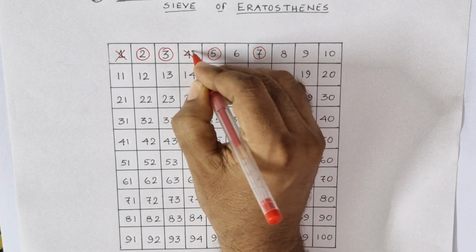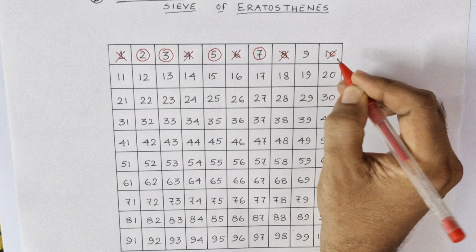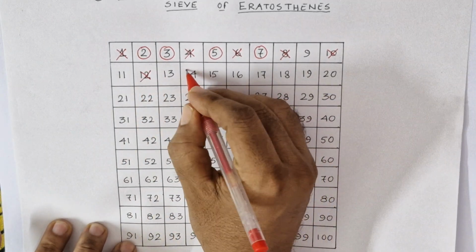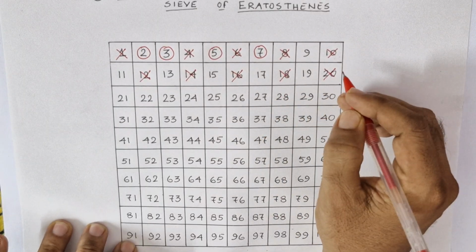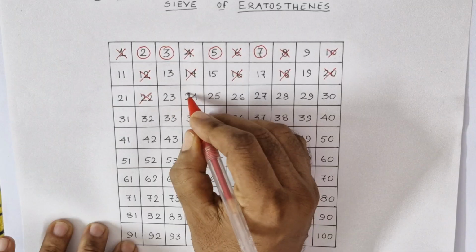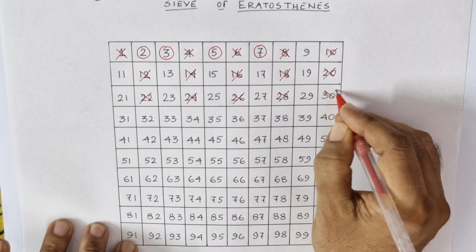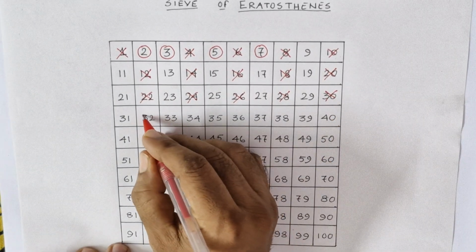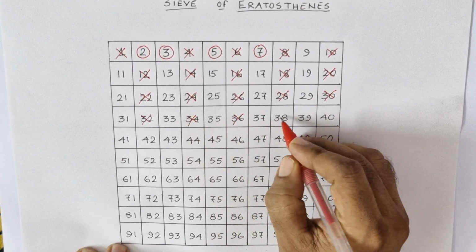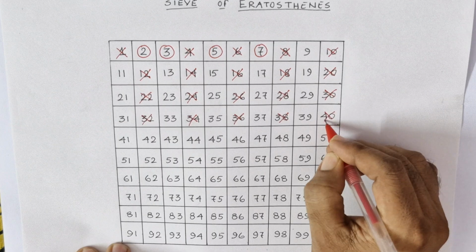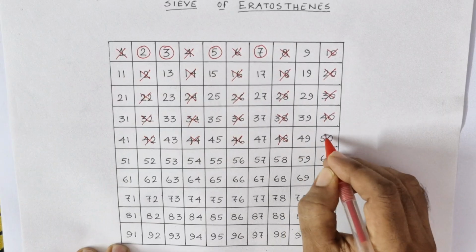So let's say 4, 6, 8, 10, 12, 14, 16, 18, 20, 22, 24, 26, 28, 30, 32, 34, 36, 38, 40, 42, 44, 46, 48, 50.